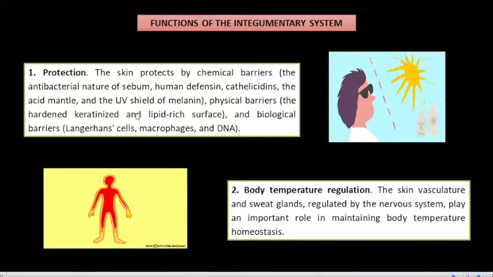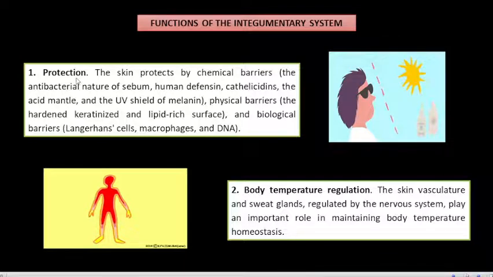So, Langerhans cells mainly for immunization, and also the first line of defense in the surface of the skin. So, yan siya. Macrophages, these are just cells that are able to engulf pathogens or microbes. Okay? So, yan ang protection.